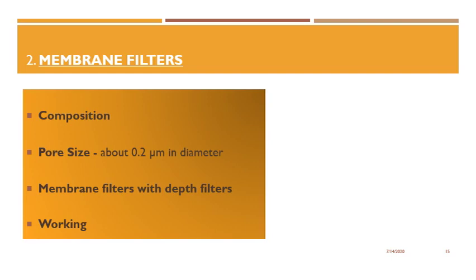Membrane filters are used with depth filters. The membranes are held in special holders, as you see in the figure, and are often preceded by depth filters made of glass fibers to remove larger particles that might clog the membrane filter.